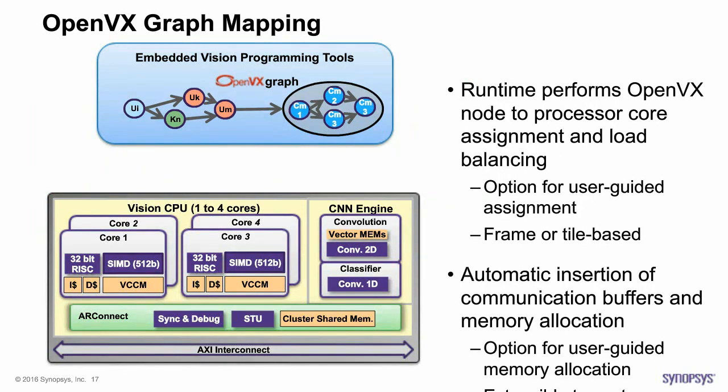Now, let me build this slide here real quick. The nice thing about the OpenVX runtime is that it allows you to direct the kernel to run on a specific resource. So, for instance, the UI kernel there, the light blue on the left, would run on the 32-bit RISC core. The two red ones would run on one of the vector DSPs, in this case on different cores.